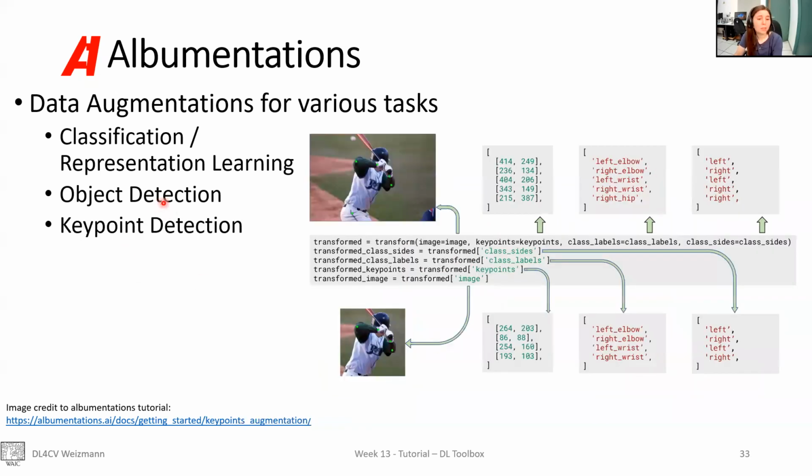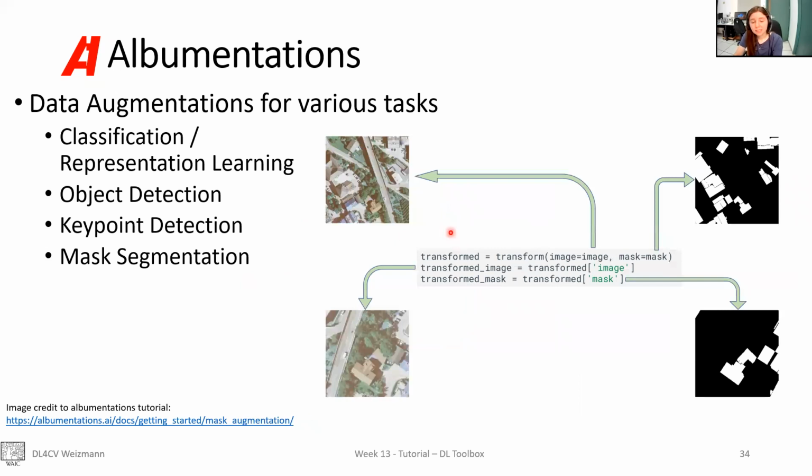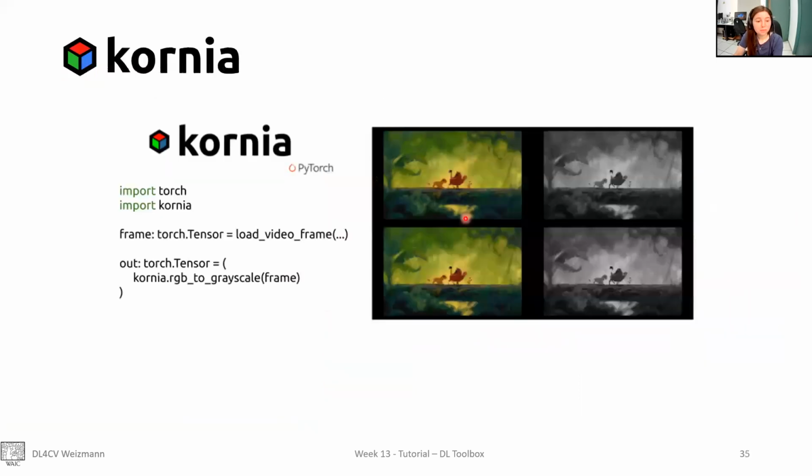And besides object detection, there are also key point detection augmentations. You see different images, but still the key points lie on the same places as before. And it even knows to remove redundant key points that don't exist in the image. And also for mask segmentation. So if any of you are doing segmentation related projects, this could be relevant to you.